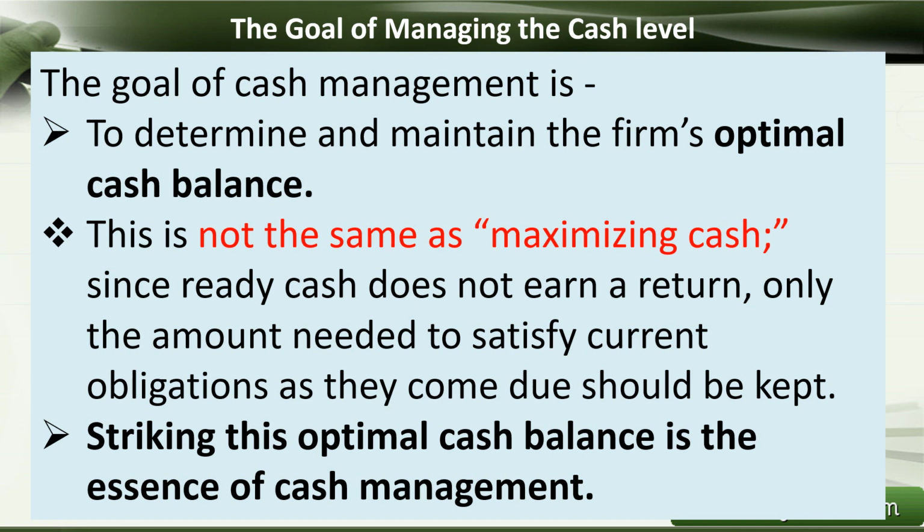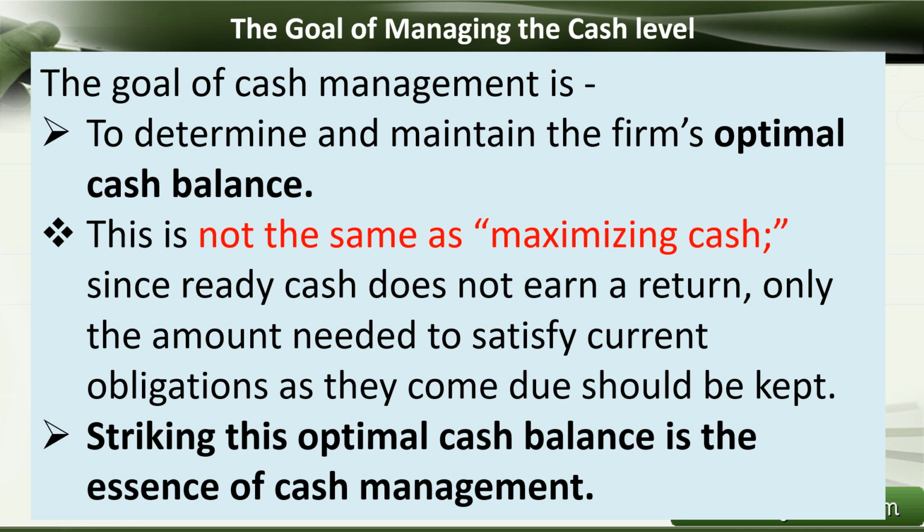The goal of managing the cash level. Based on these motives of cash, we have to arrive at this goal of managing the cash level: to determine and maintain the firm's optimal cash balance. So we should not have the maximum cash either. We cannot take the risk of a minimum cash level or no cash level also.